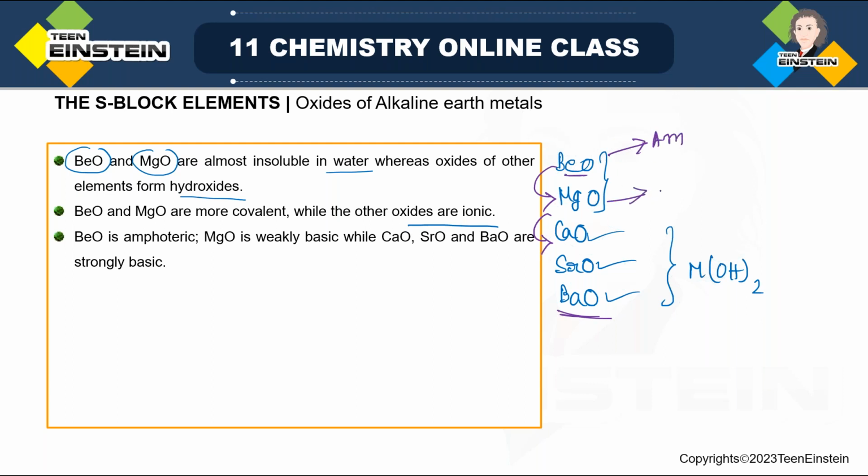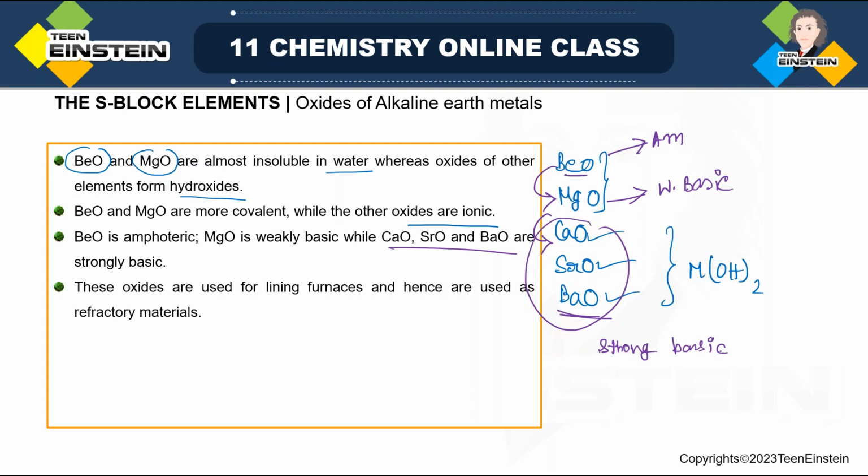Then magnesium oxide is basic, but weakly basic. Then the rest of the three are strongly basic because now you have moved down the group. So these three have strong basic character, because when metallic property increases, basicity also increases for the corresponding oxide.